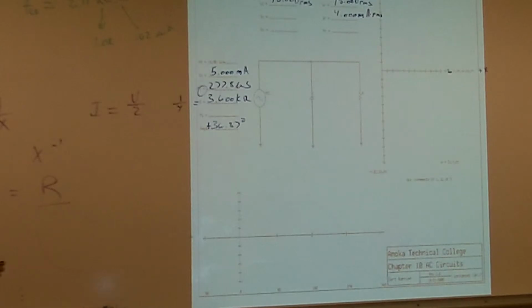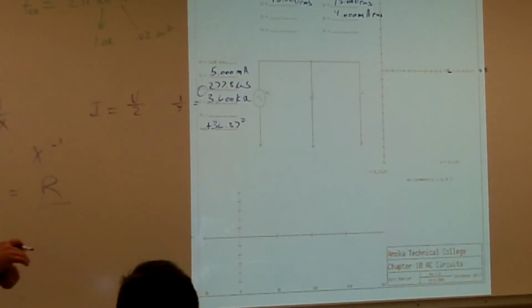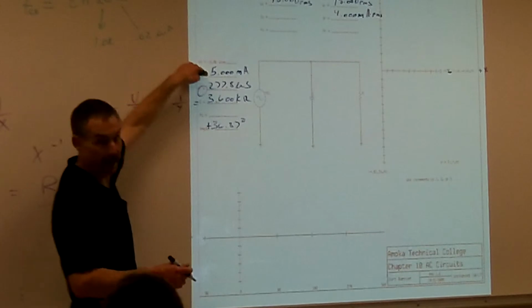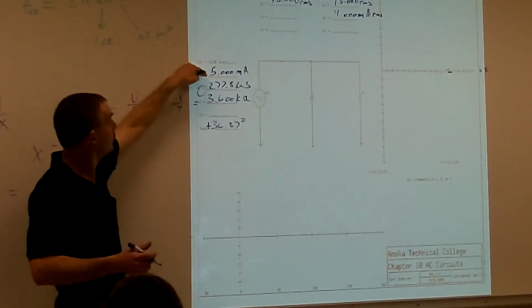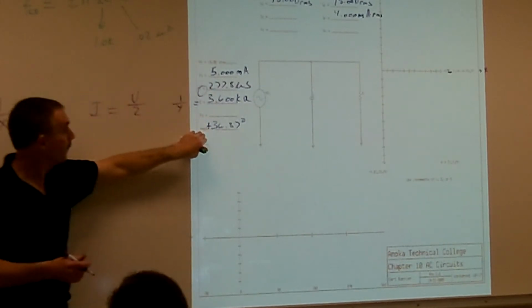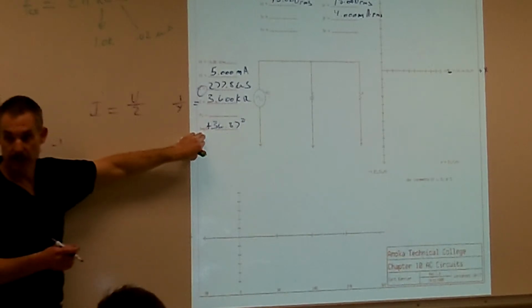So, using your polar to rectangular function, what you're going to do is put in your 5 milliamps, then hit your second XY key. Then put in your angle, 36.87. Did you get that far?